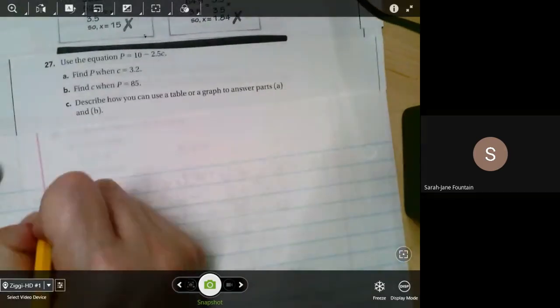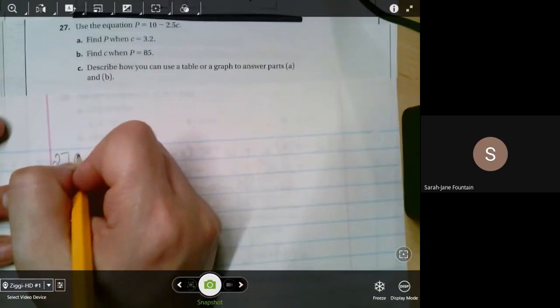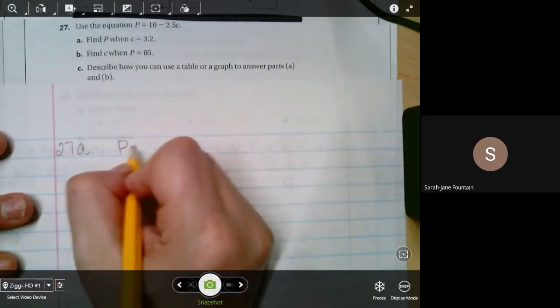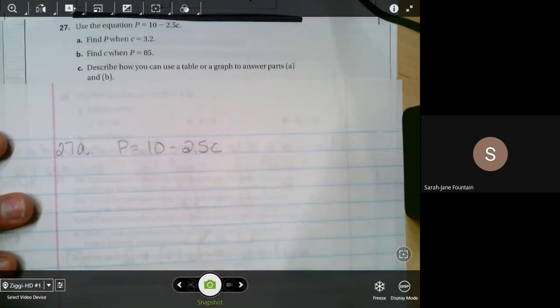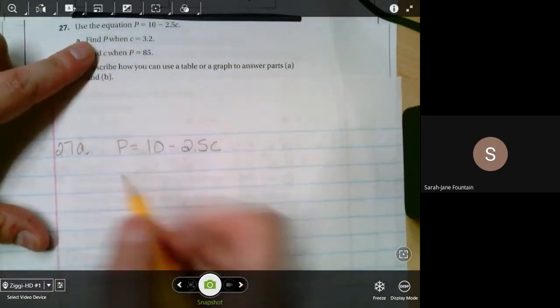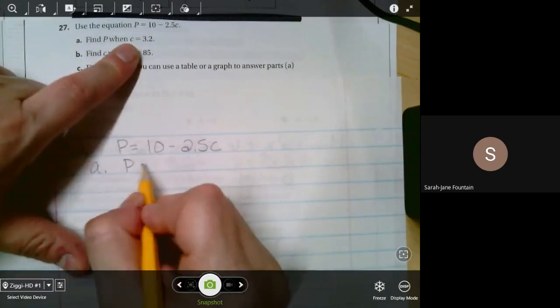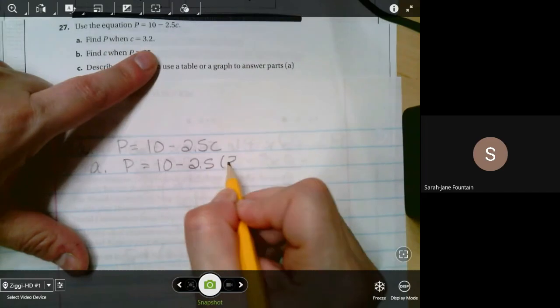27. (27a). Use the equation P equals 10 minus 2.5c. So A, find P when C is 3.2.